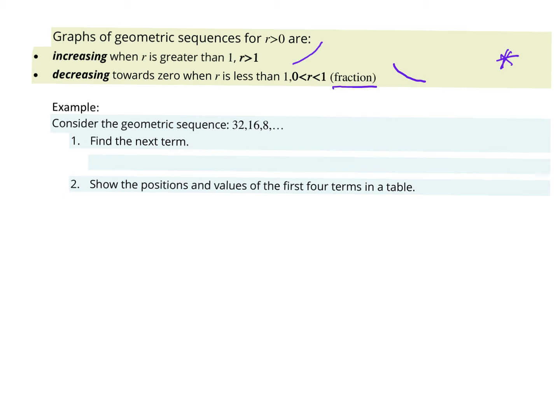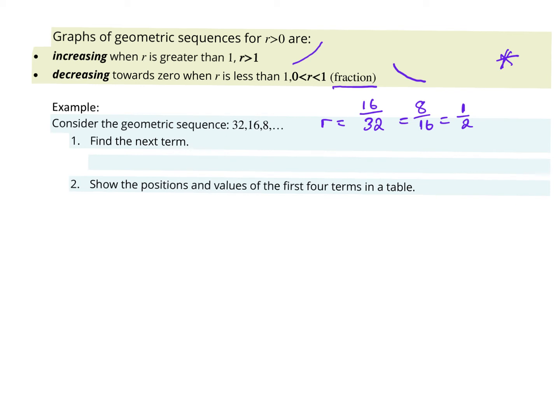Let's look at this example here. Considering the geometric sequence, we are told that it is geometric, so let's find what R is straight away. 16 divided by 32 is equal to 8 divided by 16. So our R value is 1/2.